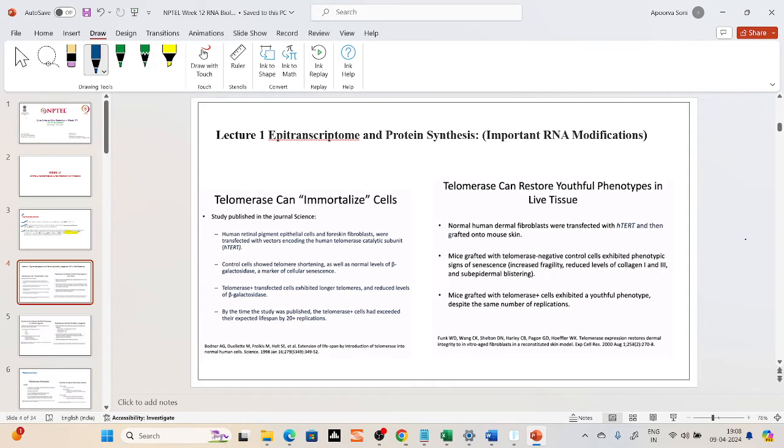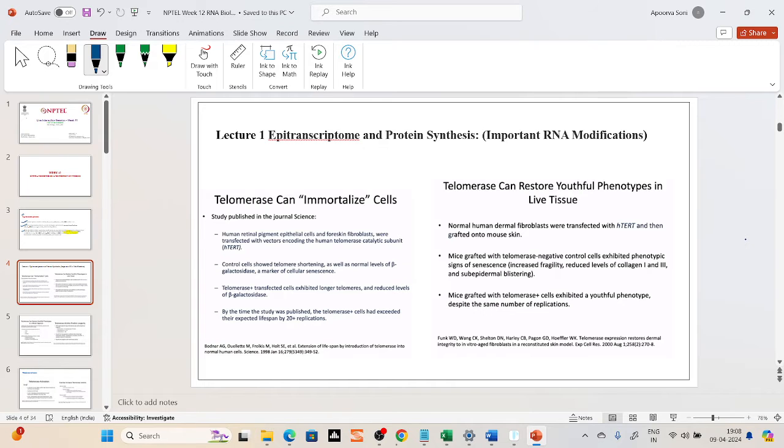But the transfected cells exhibit longer telomeres and a reduced level of beta galactosidase. When they transfected the cells with telomerase enzyme, the telomeres were long and there was a reduced level of beta galactosidase enzyme.